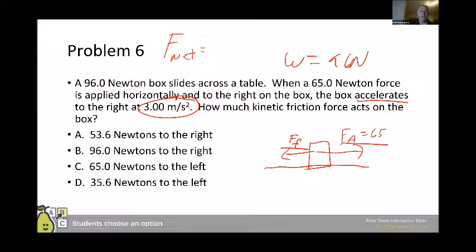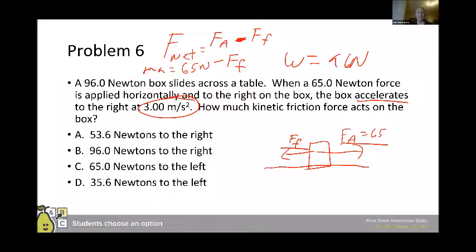So I'm going to say F net equals FA minus FF, like so. Now here's the deal. I know F net is MA. I know my applied force is 65 newtons. I'm looking for that kinetic friction force. And this should be a minus right here, by the way, not an equals.